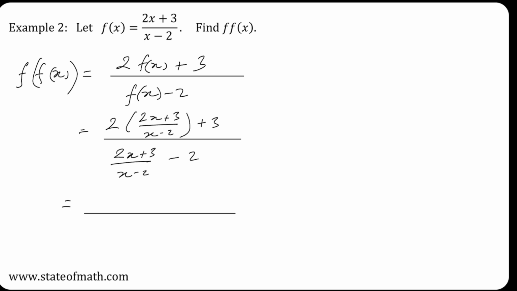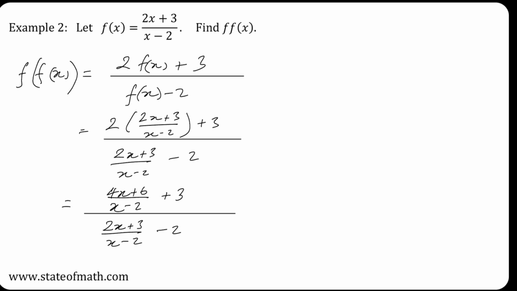Note that this 2 is the same as saying 2 over 1. So the 2 only multiplies the numerator of this fraction. So I will get (4x plus 6) over (x minus 2), plus 3, over (2x plus 3 over x minus 2) minus 2.